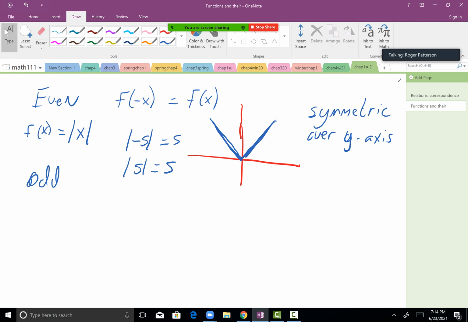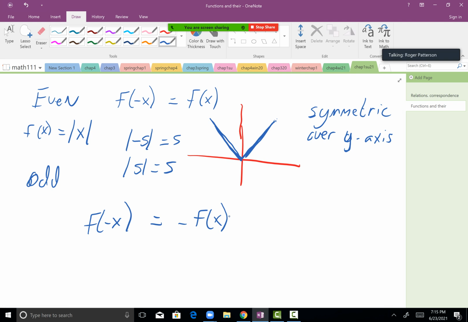Now, an odd function is sort of the same thing, except it goes like this. It says if I take a negative value for x, then I get the opposite of what I have when I take a positive value of it.